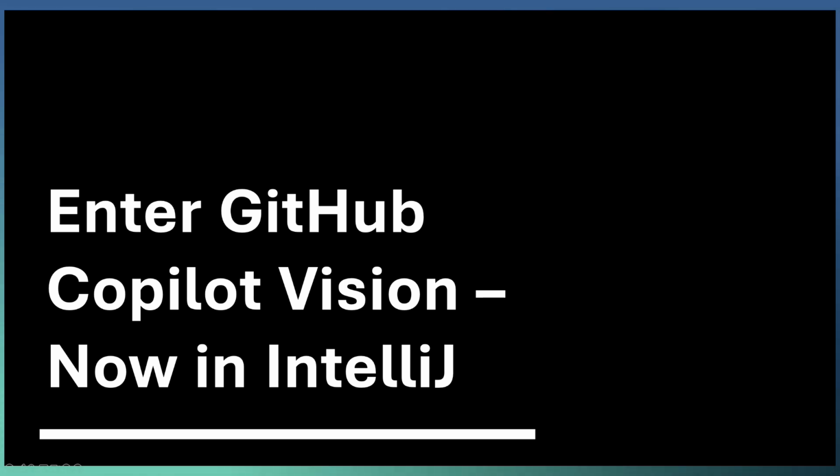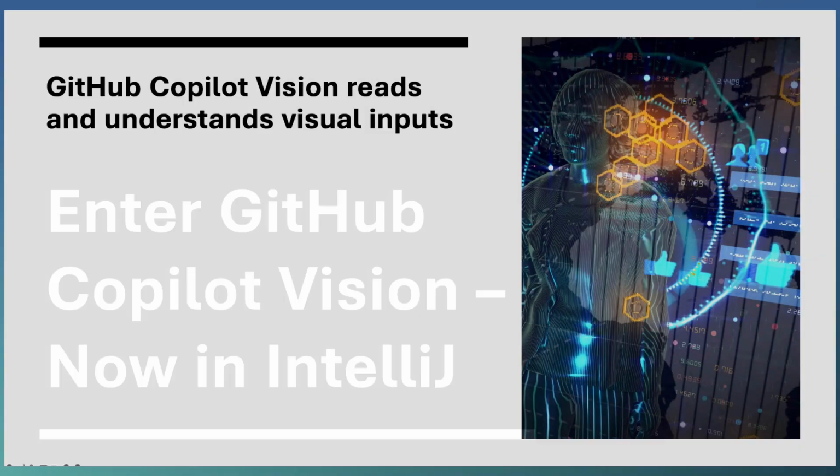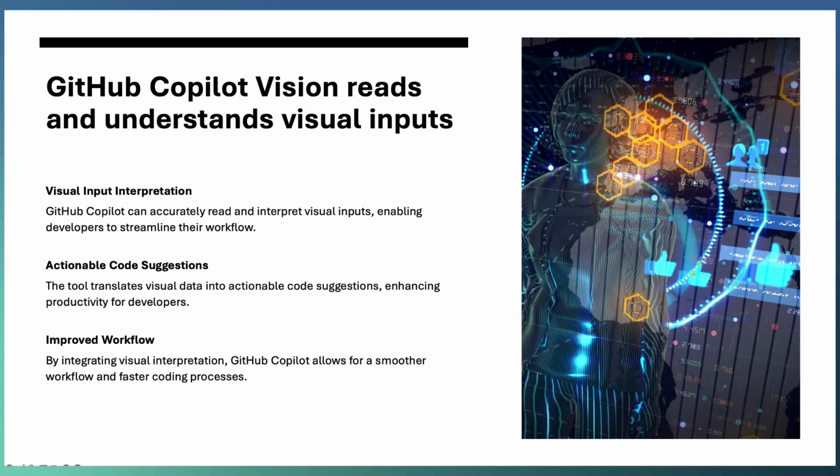Here comes GitHub Copilot Vision support in IntelliJ. Vision capabilities are already available as part of VS Code and .com chat. Now, this capability is integrated into the IntelliJ IDE. With Vision capabilities, from the IDE, you can look at the diagram, get the insights, and translate that into meaningful code as well.